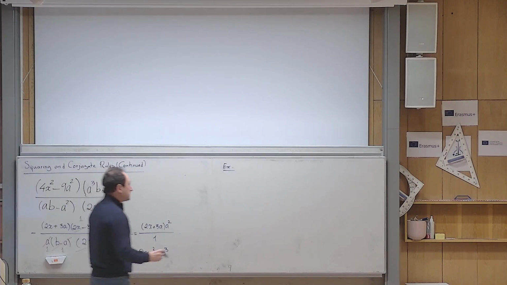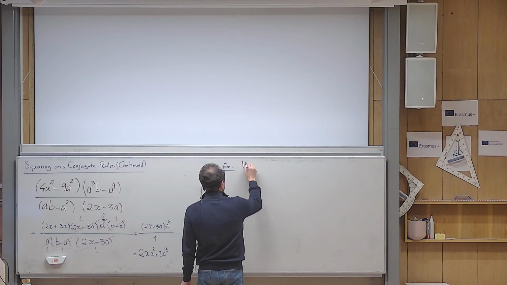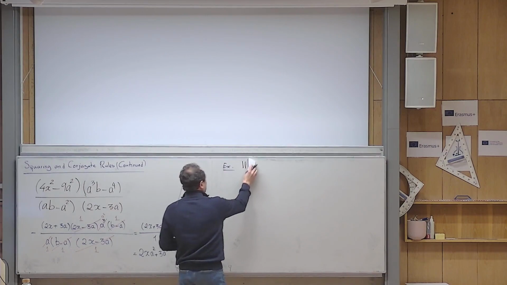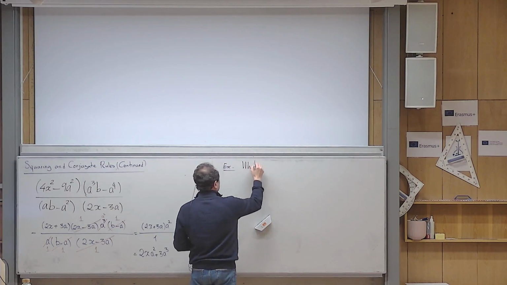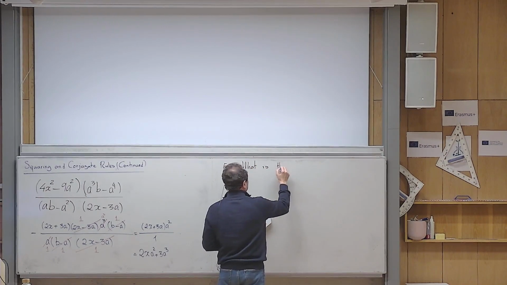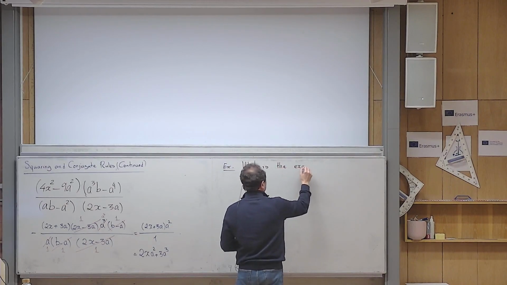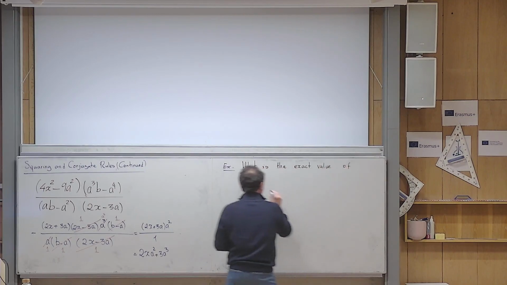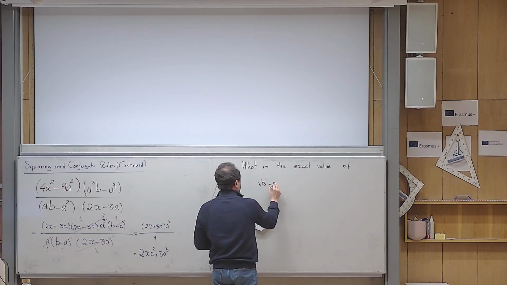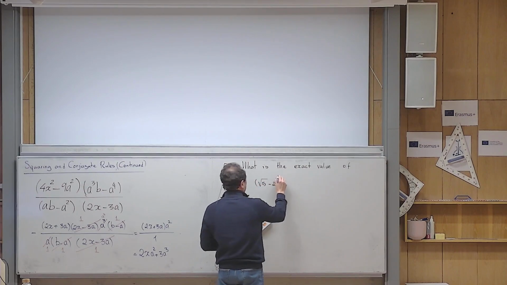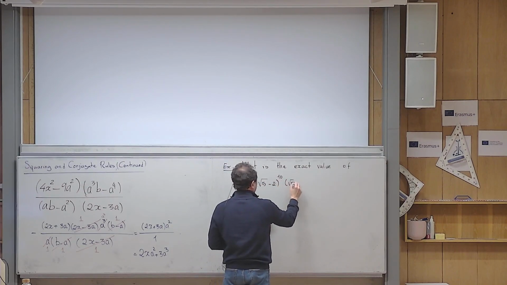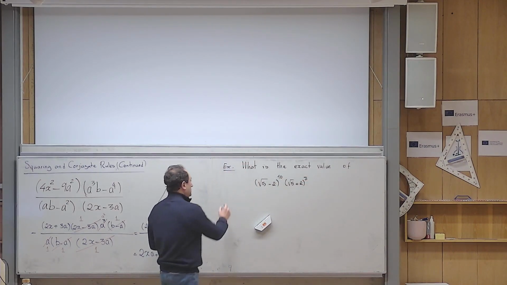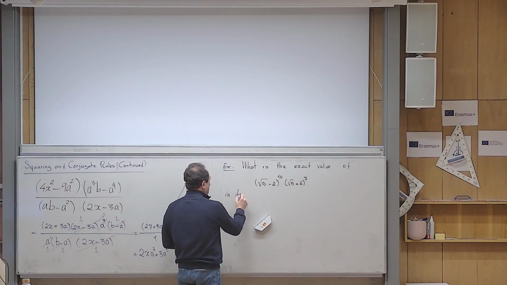So what is the exact value of this expression? The square root of 5 minus 2 to power 10 times the square root of 5 plus 2 to power 8, in its simplest possible form.